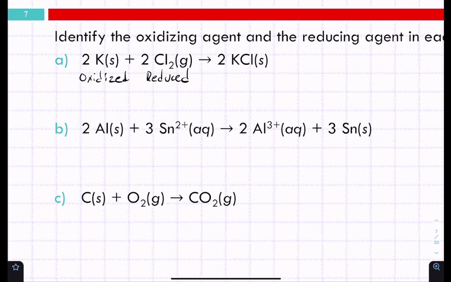Chlorine. Chlorine is the oxidizing agent, which makes potassium the reducing agent. So oxidizing agent, reducing agents are flipped from what's being oxidized and what's being reduced.